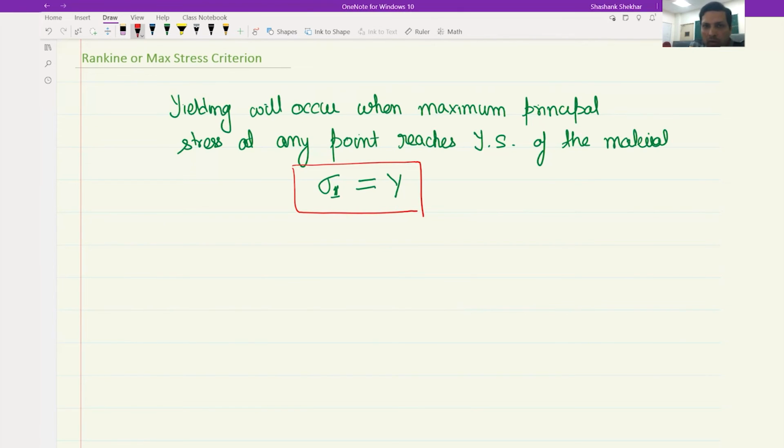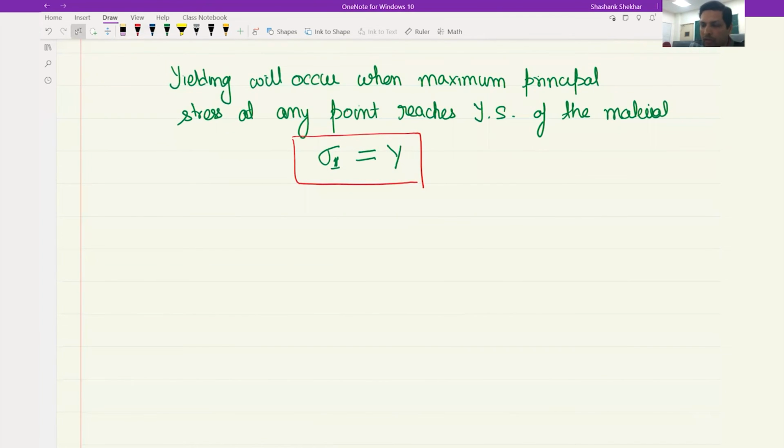But I will show you with the help of an example that this will turn out to be an invalid criterion. That is not surprising because it is not taking into account shear stresses. It is only taking into account normal stresses. But more importantly, this criterion is actually not defined for yielding, but for failure.